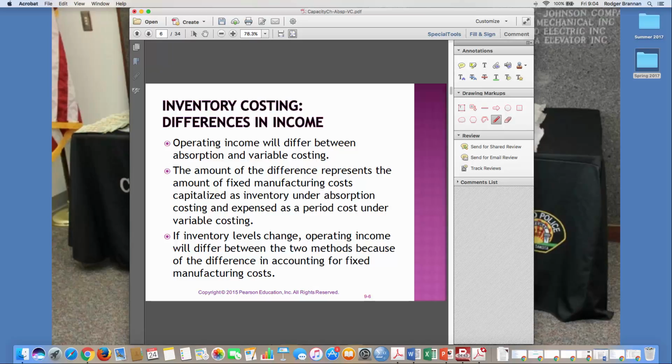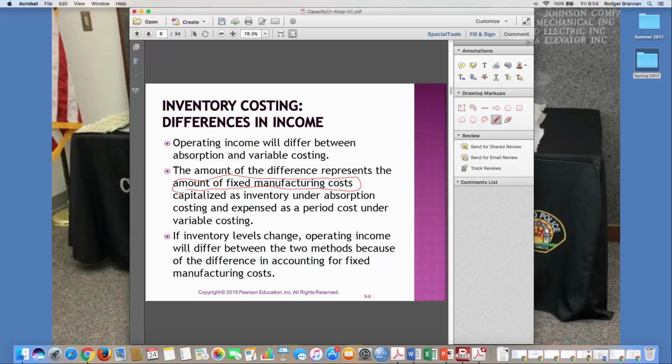All right, as I think we talked a little bit about the differences here. The issue here, the fixed manufacturing overhead cost, okay? And the difference between the operating incomes under absorption versus variable costing comes down to taking the fixed manufacturing overhead, dividing it by some level of production, and that gets attached to inventory at absorption costing.